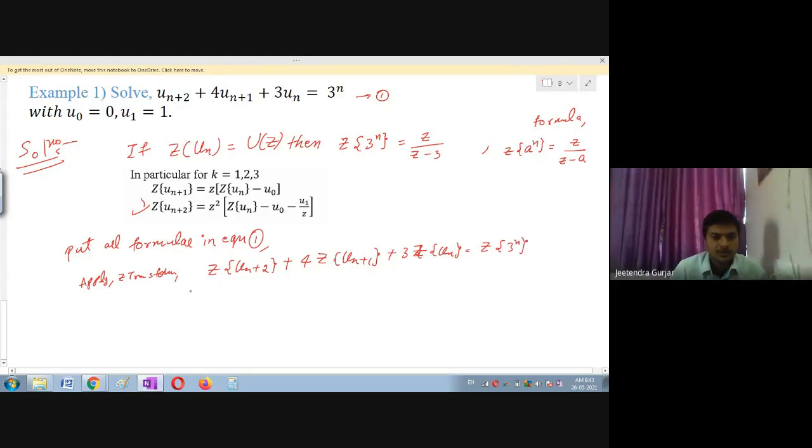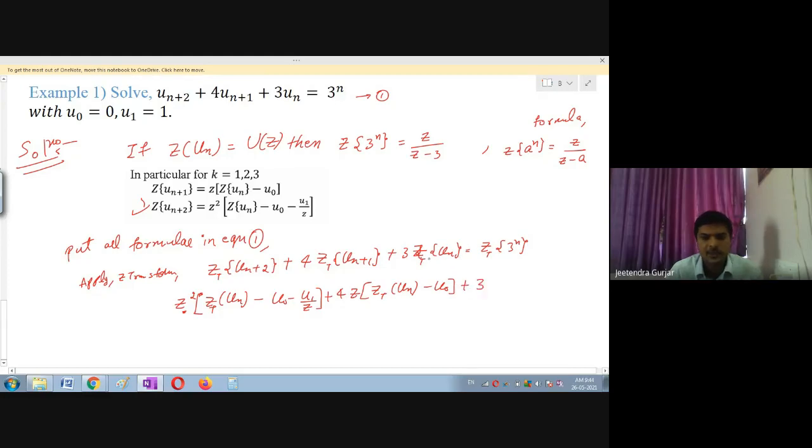So now substitute Z of u(n+2), it is z square u of Z minus u naught minus u1 upon z, right, plus 4 times, this is u(n+1), is z u of Z minus u naught, plus 3.